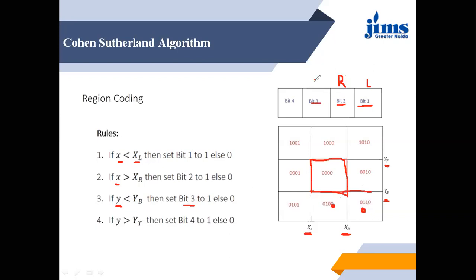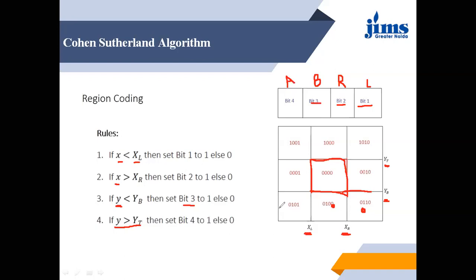So this is for below, and the last one, bit 4, is for above. We write the codes of each region in this sequence: A above, B below, R right, and L left. These are the rules through which we can find the region codes of different points.